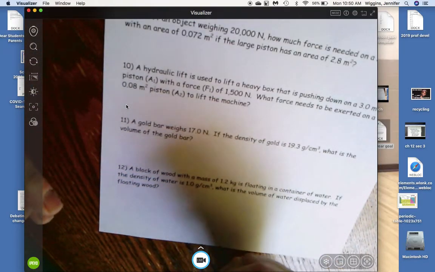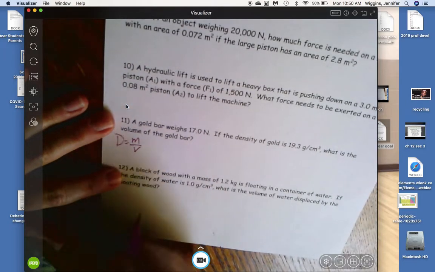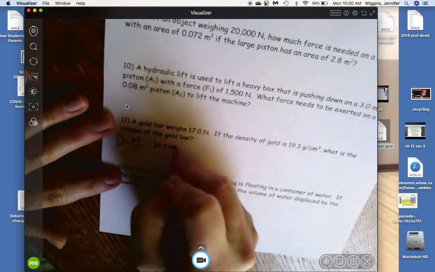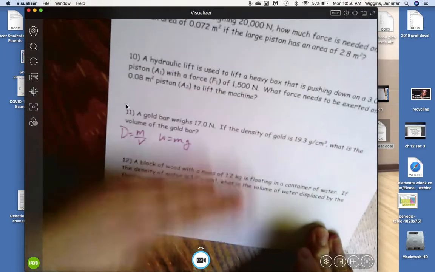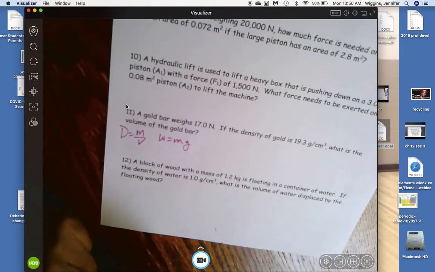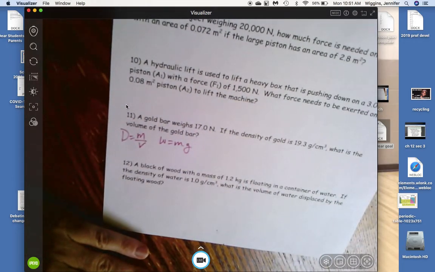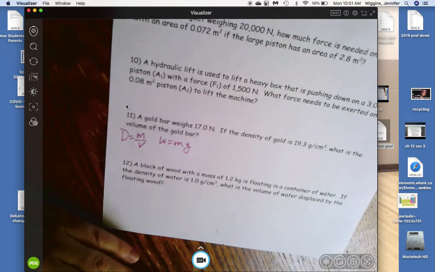Also, density equals mass divided by volume, and you're going to have to use weight on this too to help you. So it's a kind of two-problem thing. And this one right here is density also. My other book used it, and it's always good to review density. This is the best worded problem right here, number 10.